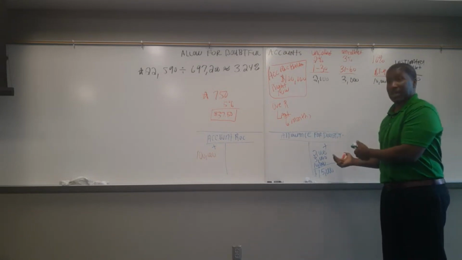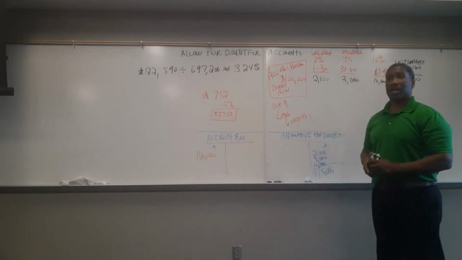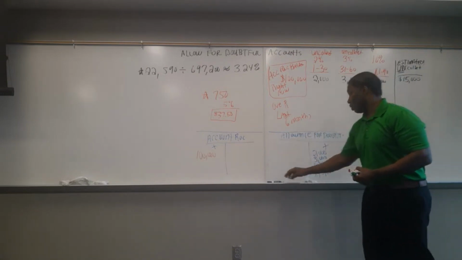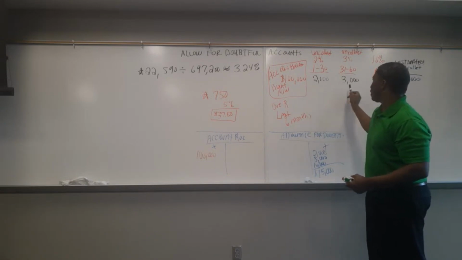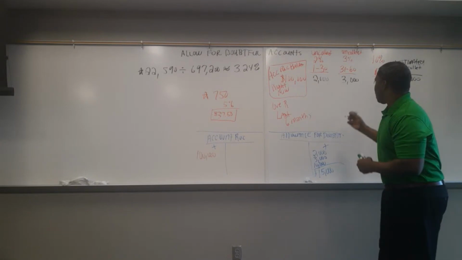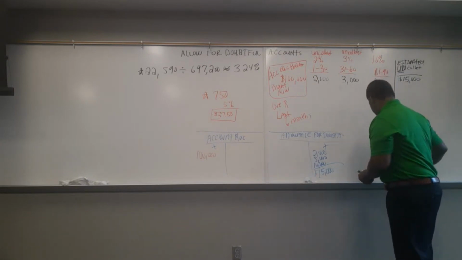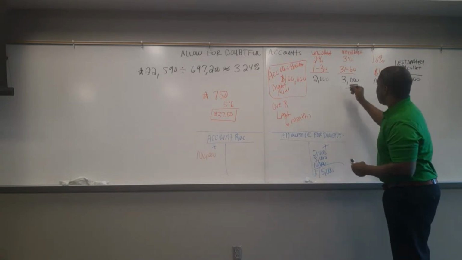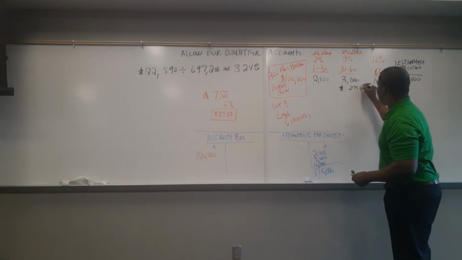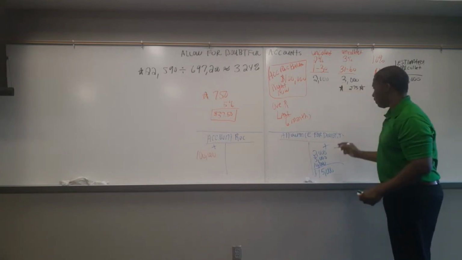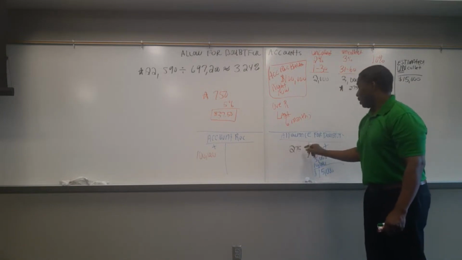Which basically gives us our journal entry, okay? So you're going to take it out of here and reduce that account by the same amount. It doesn't matter what category, let's just say it comes out of this middle one here. If it just happens to be $275 that we're not going to receive, then we have to take $275 out with a debit to the allowance.